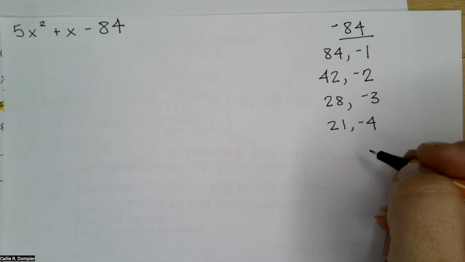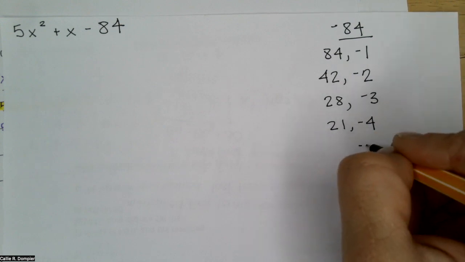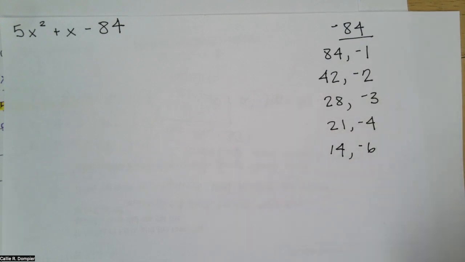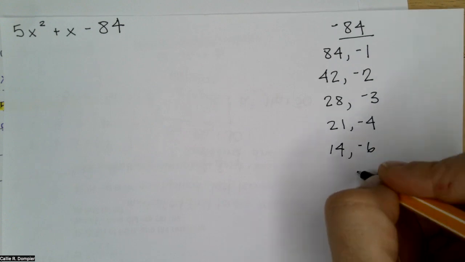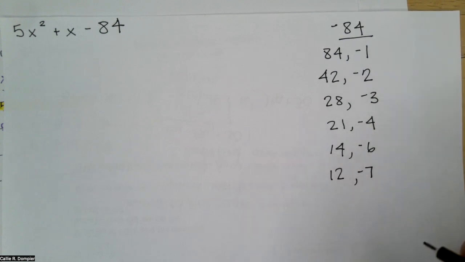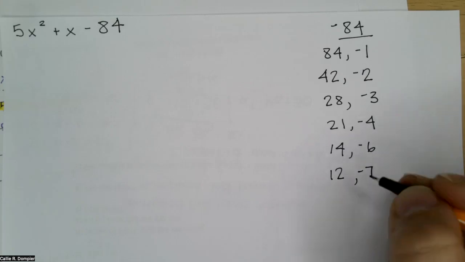I'm not going to be able to divide it by 5. 84 divided by 6 is 14. 84 divided by 7 is 12. 84 divided by 8, no, 9, no, 10, no, 11, no, 84 divided by 12 goes back to 7.